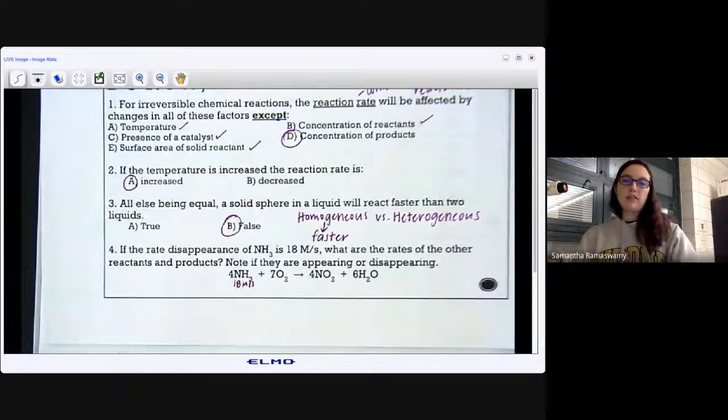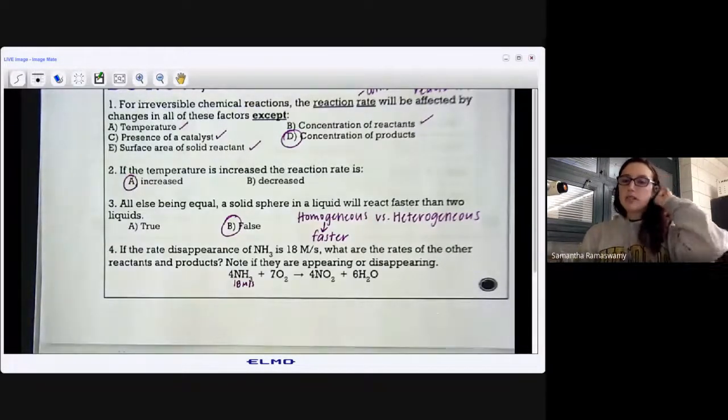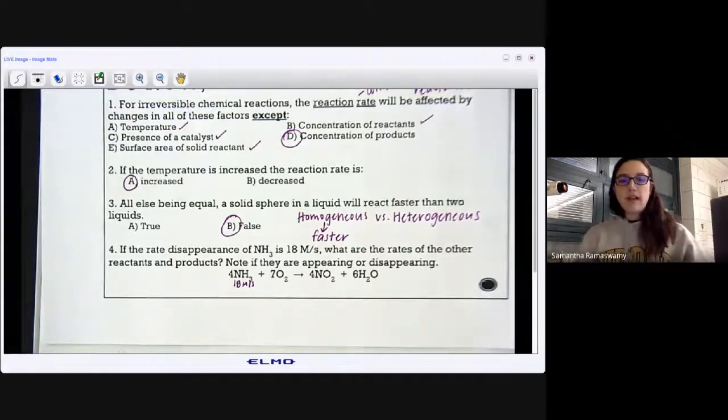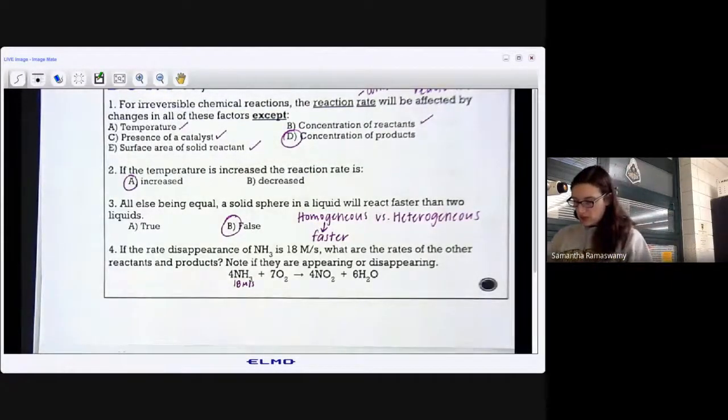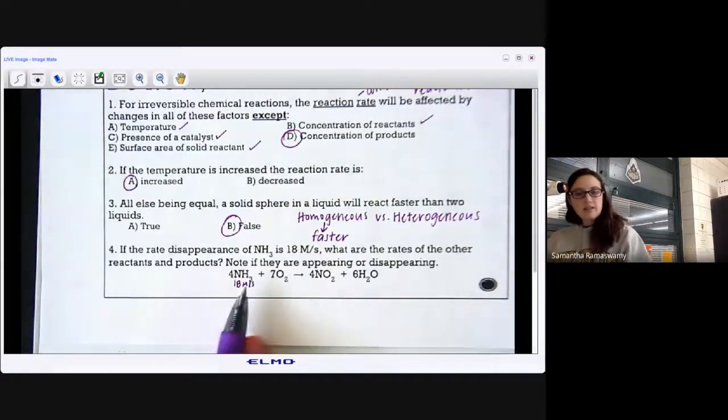When it says rate of disappearance, rate is always given in positive values, but disappearing means it's a reactant, appearing means it's a product. It wants to know what are the rates of the other reactants and products, and to note if they're appearing or disappearing.